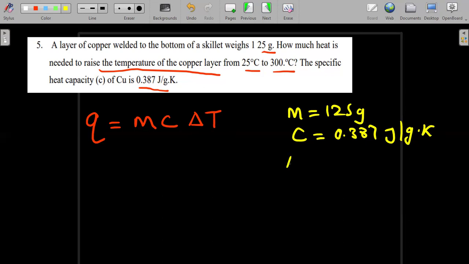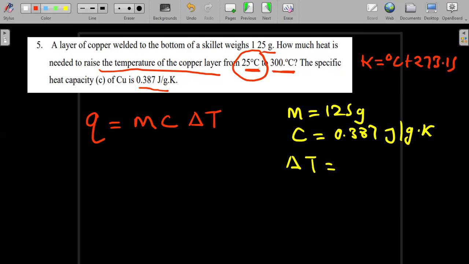And then what about the change in temperature? We are going to subtract the final temperature, which is 300, minus the initial, which is 25. If you want, you can first change this 25 to kelvins by using this formula: kelvins is equal to the temperature in degrees Celsius plus 273.15.